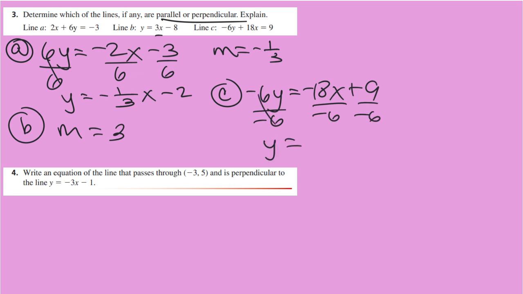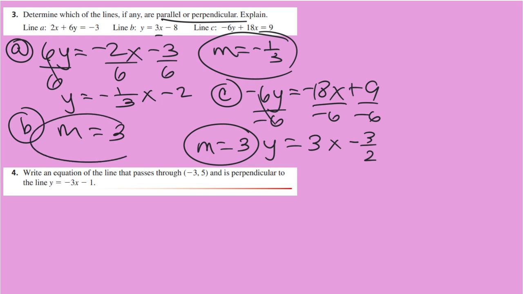So y equals negative 18 divided by negative 6 gives me 3x minus 3 over 2, correct? So my slope for line C gives me 3. So these are my 3 slopes.